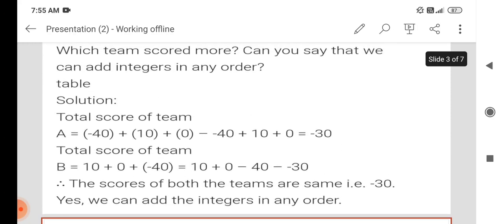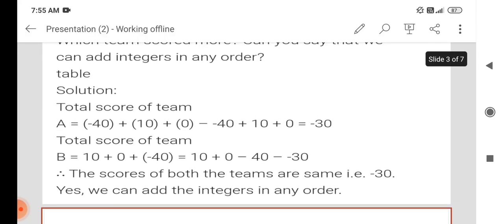Then you add the digits, 40 minus 10, and you get -30. Because for plus minus integers, first you subtract and then you put the sign of the bigger integer. The scores of both teams are the same, because both team scores are -30 and -30. That's it. Yes, we can add the integers in any order, it's our choice.